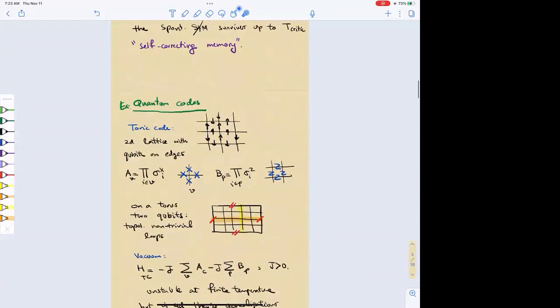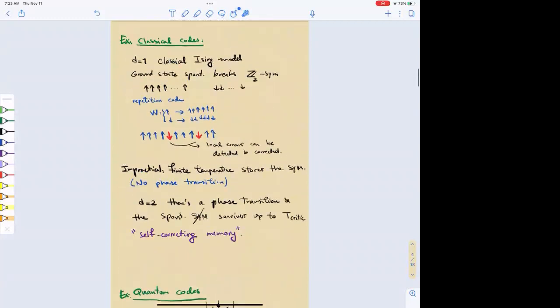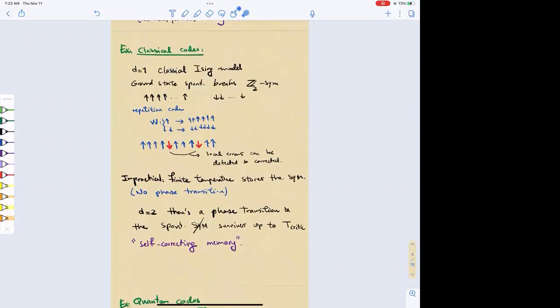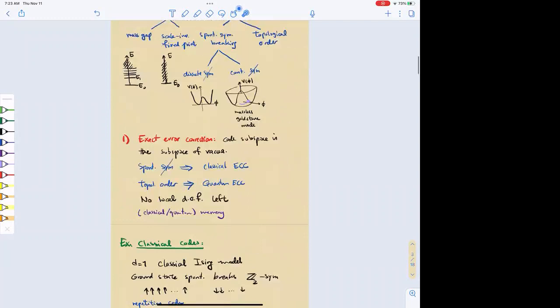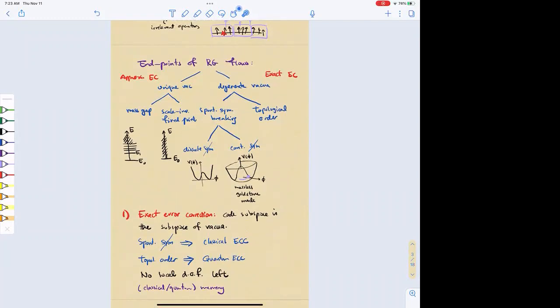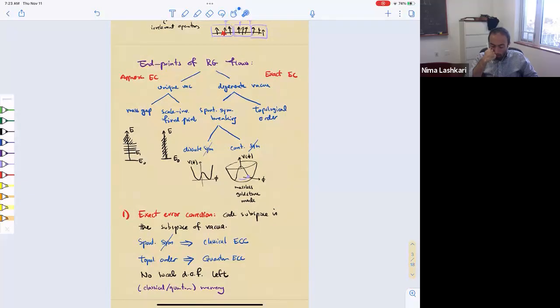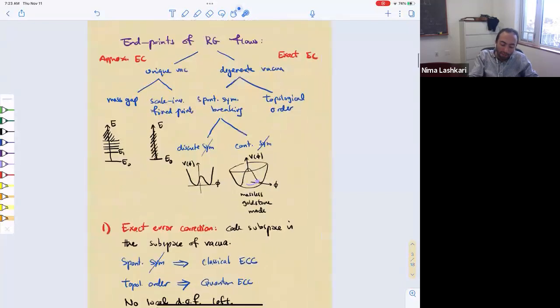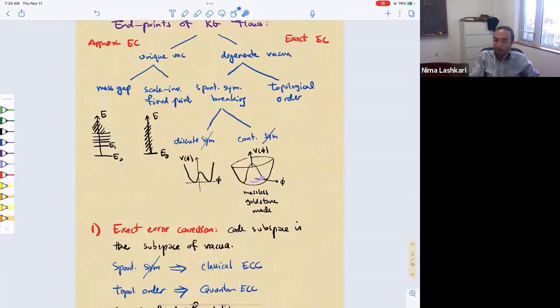All right. Sir, I have a small clarification on the previous slide. Is there any reason why we call the fixed point of the RG flow the vacuum? No, so what I meant here was the low energy limit.